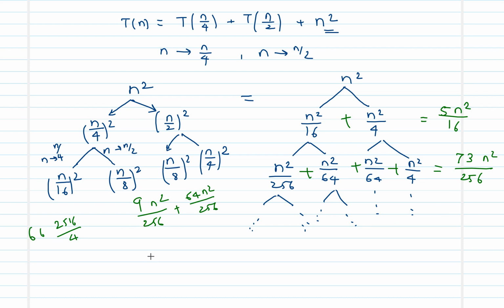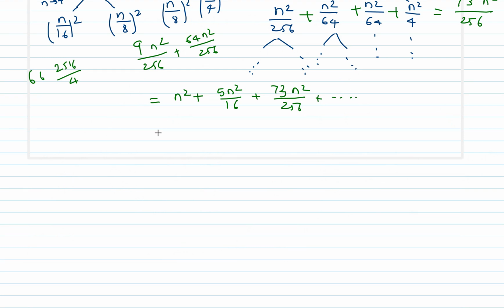So now you can see that the total complexity is n square plus 5n square by 16 plus 73n square by 256 plus so on. When I take n square common, I get n square times 1 plus 5 by 16 plus 73 by 256 plus so on.